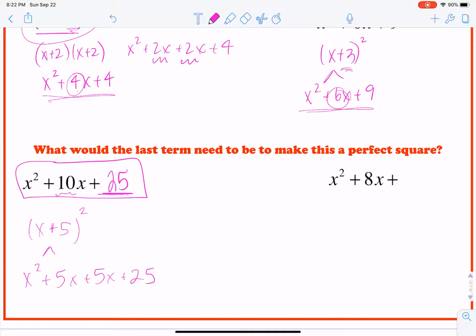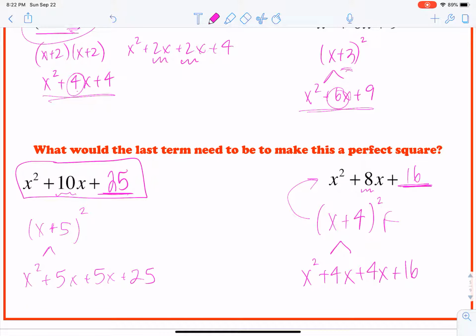And looking over here, what would I need to add on to this in order to make it a perfect square? This would actually be an x plus 4 all squared, because again, the only way to get this 8 would be to get that 4x plus 4x. And if I were to expand this, x squared plus 4x plus 4x plus 16. So here I have two perfect squares, one in what we would call nice compact square notation, and the other expanded.